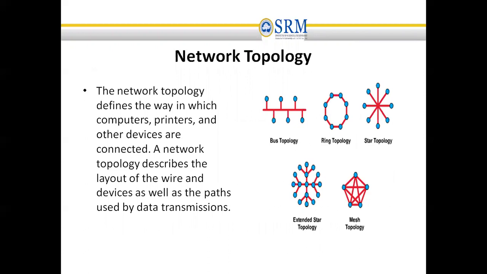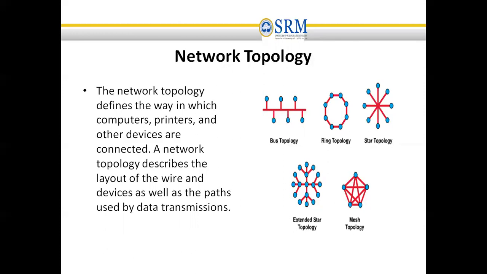A network topology describes the layout of the wire and the devices as well as the paths used by data transmission.